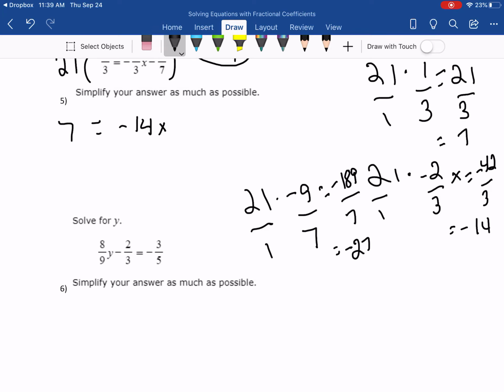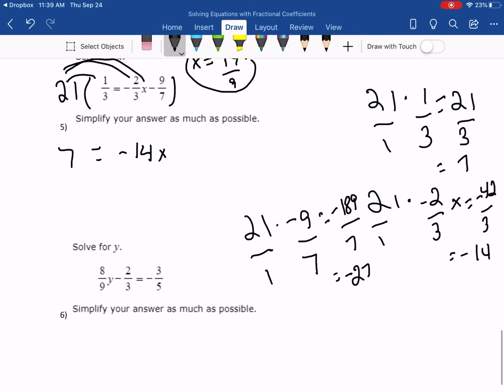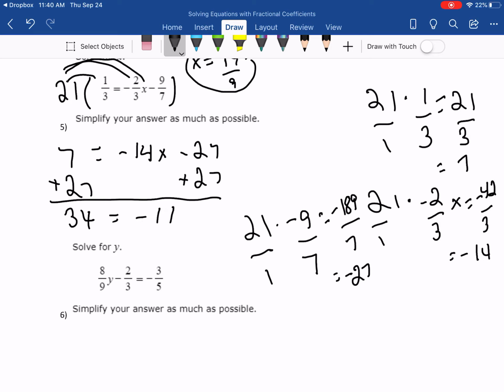Negative 27. So that's minus 27. Okay, now we can add 27 to each side. 34 equals negative 14x.